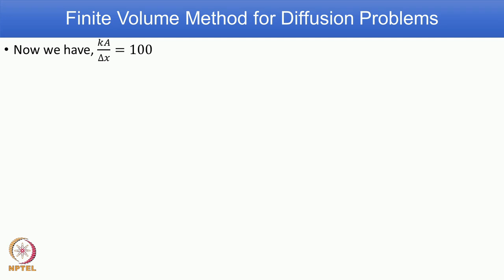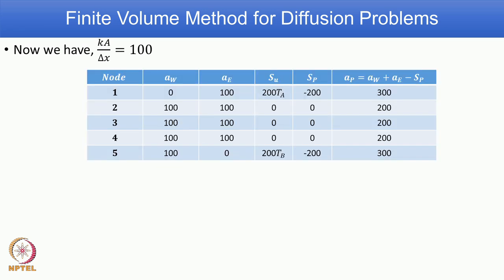So, k A by delta x is one such value, which happens to be 100. If you substitute this 100, which is k A by delta x, in the discretized equation for all the nodes, node 1 to 5, then the corresponding coefficients are evaluated and they are all tabulated here.